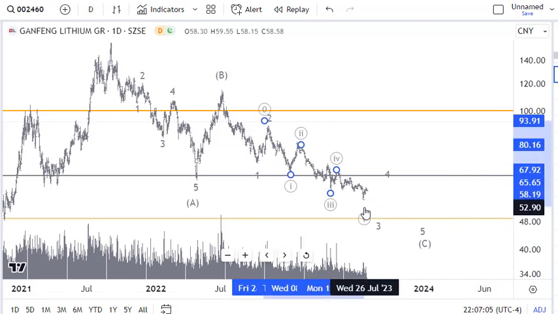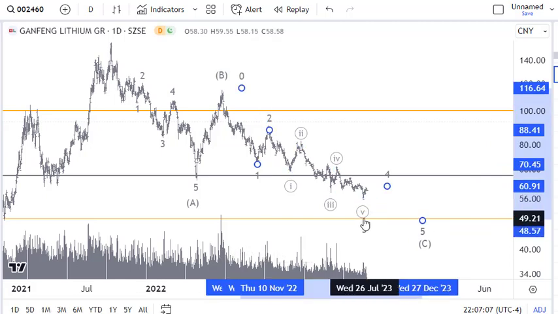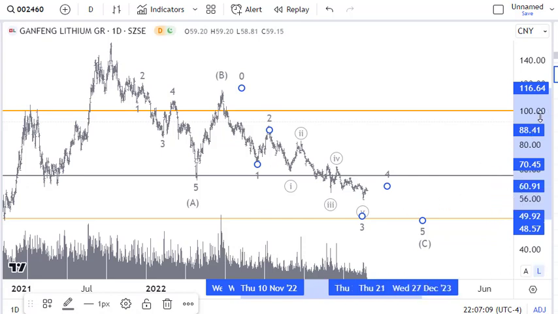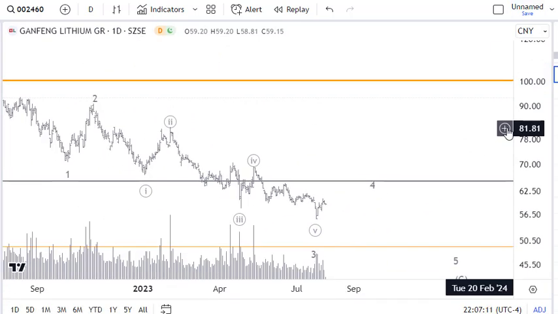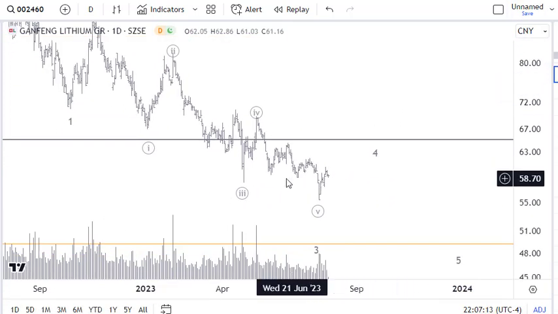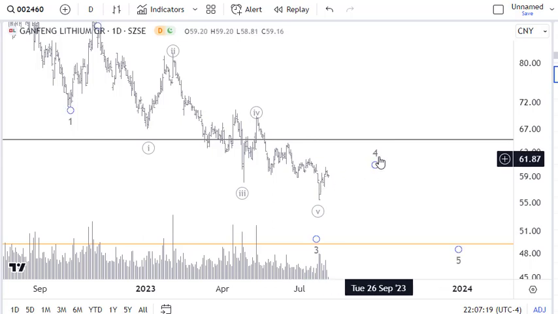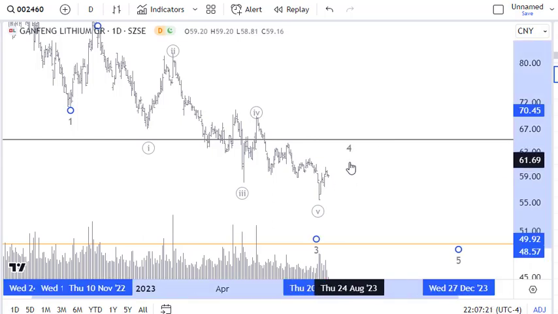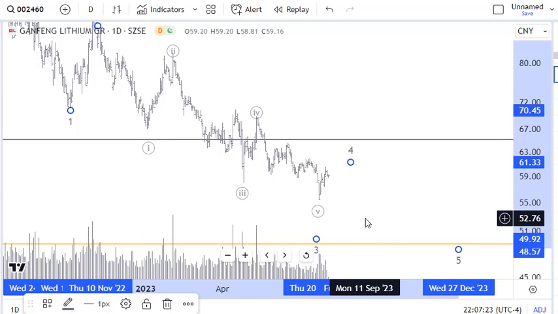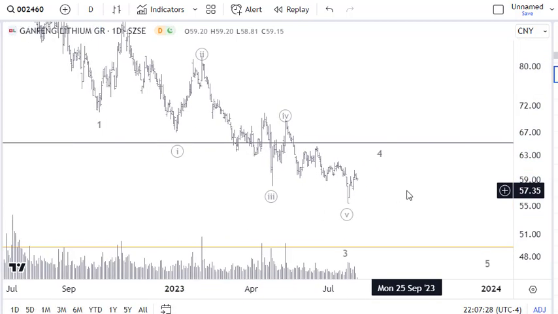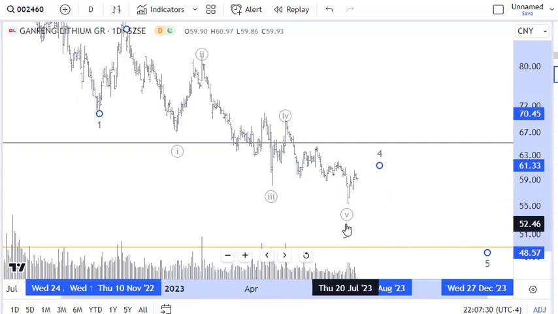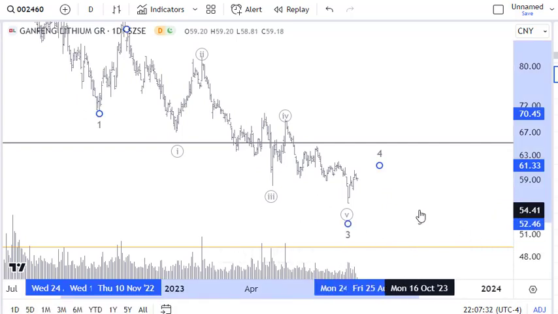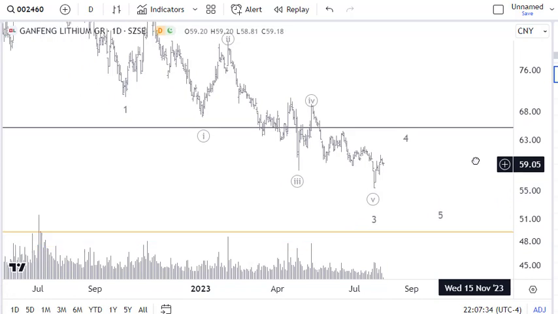We could probably put wave 3 and wave 5 of 3 in here at the moment. It's not the best. Let me just have a closer look. It's not the best looking 5 waves here, I'd imagine, but 1, 2, 3, 4, 5, but there's overlap there. But the fact that that's gone up there so much makes me think, well, as this wave 4 started here, so anyway, we'll just keep chilling, but I still think there's another leg down, one more leg to go for the lithium here.